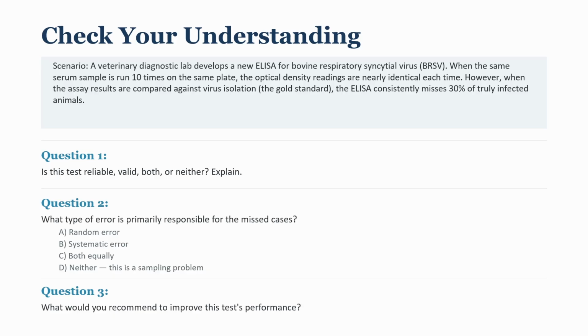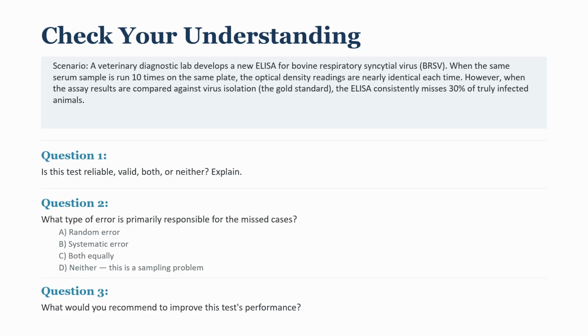Precisely, consistently wrong. Question 2, answer B, systematic error. The key word in this scenario is consistently. The test isn't randomly missing cases, it's systematically missing 30% of them. That means there is something consistently pulling the measurement in the wrong direction.